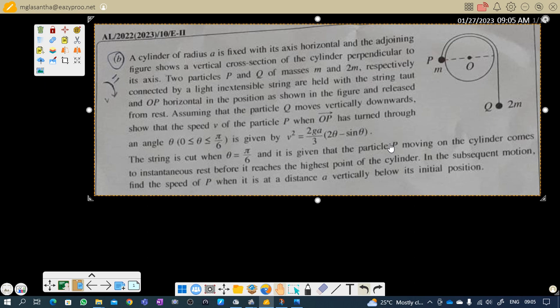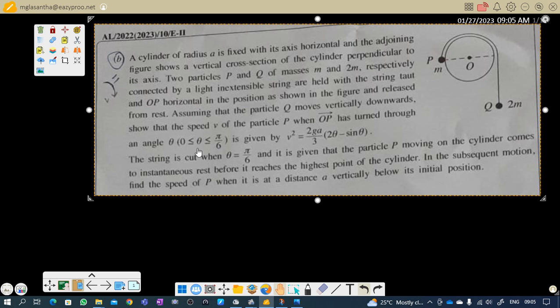There is no work done by any other external forces. Only work done is by the gravitational force. Therefore, you can apply energy conservation. If you apply energy conservation, then you can derive this equation, right?